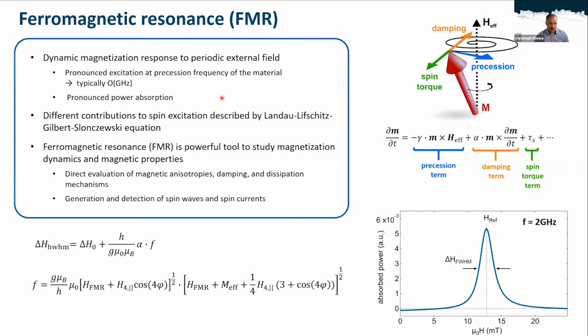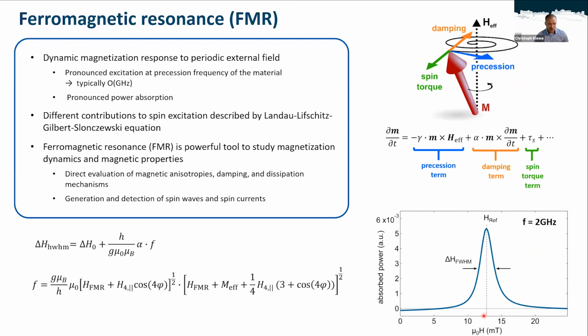This response is most pronounced at the precession frequency of the material, which is typically in the gigahertz range. What this looks like in a measurement is shown here. For example, I have measured ferromagnetic resonance in permalloy with an excitation frequency of 2 gigahertz, and we see in the absorbed power this pronounced ferromagnetic resonance peak at the precession frequency of the material.